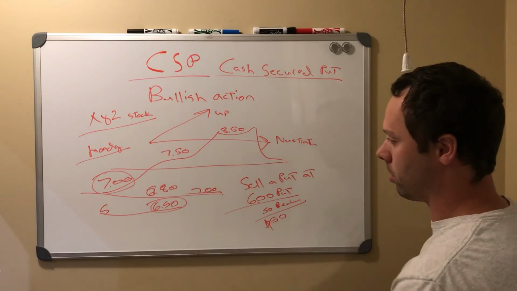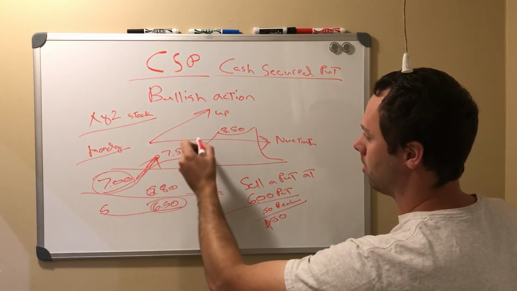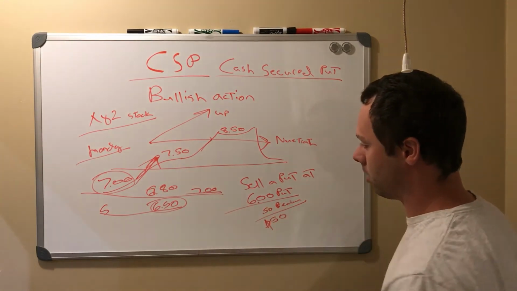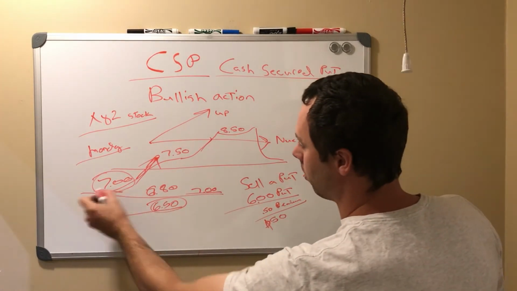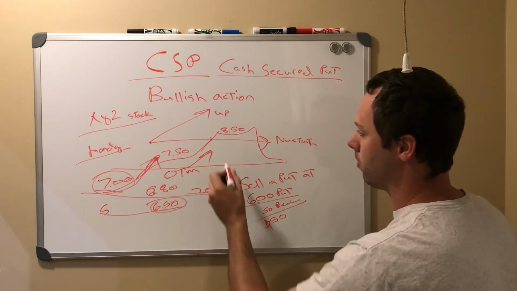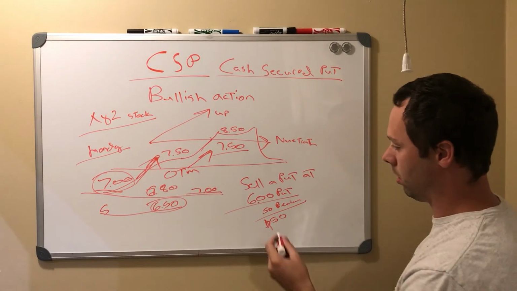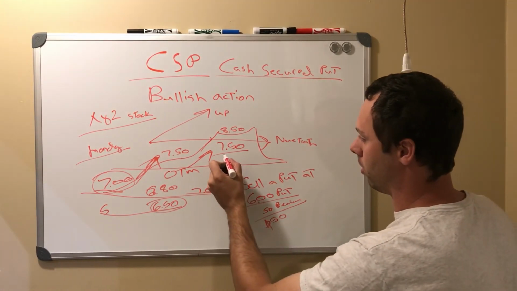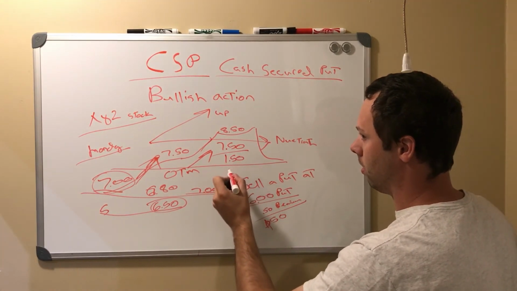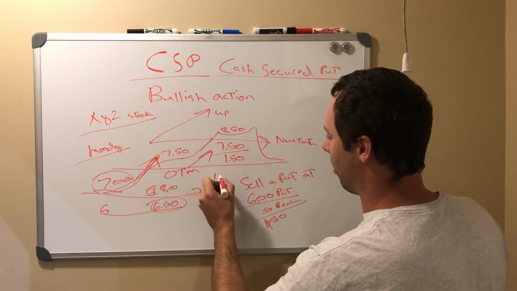But let's say I sell that $6 put. As the stock rises, that put I sold becomes farther out of the money. So at $7.50, if I sold a $6 put, it's now $1.50 out of the money instead of $1.